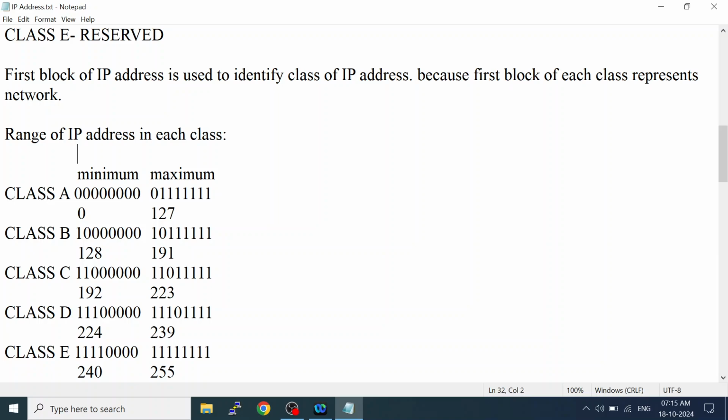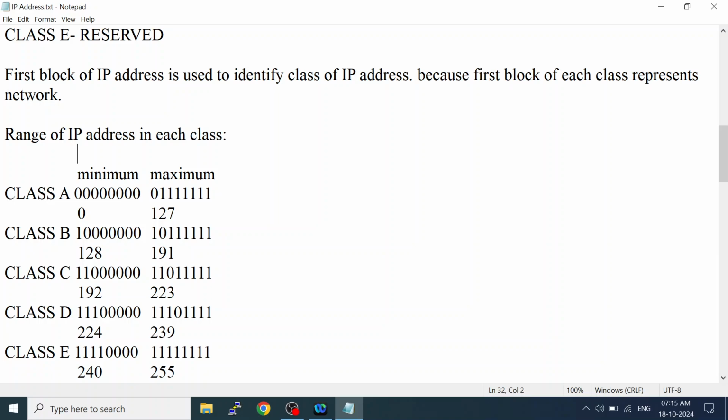So now we have to see the range of IP address. Yesterday we have seen this IP version 4 is divided into 5 classes based on the network size. Now for every class, how can we identify which class this IP address belongs to? Every class has the first block as network.